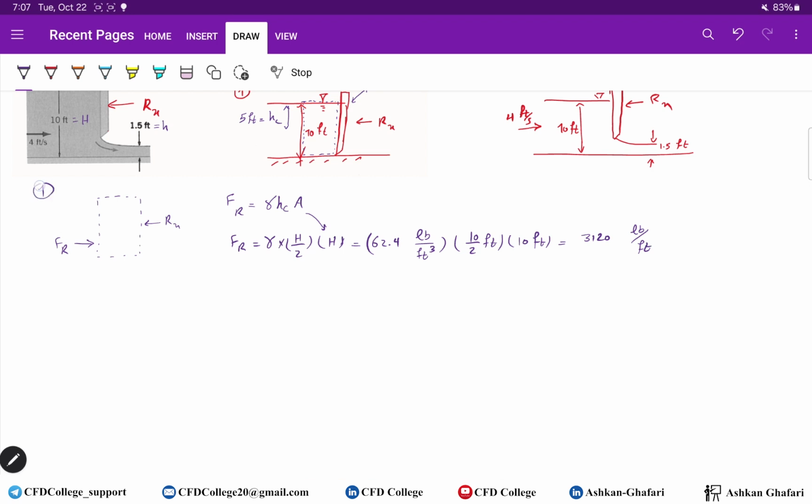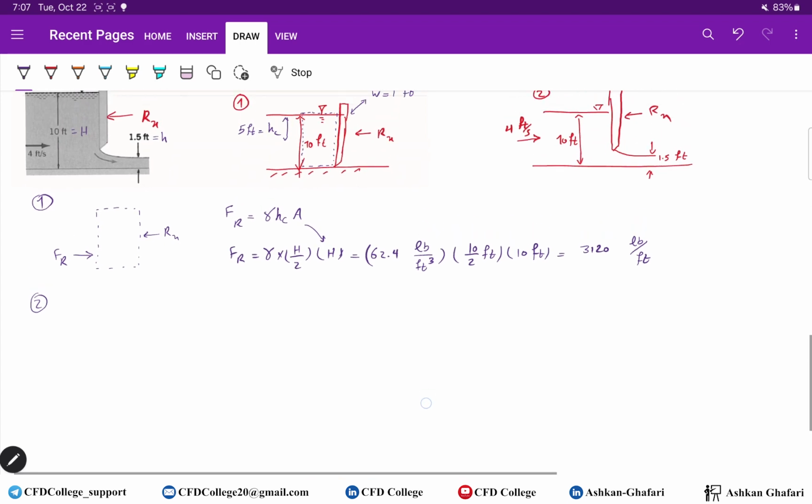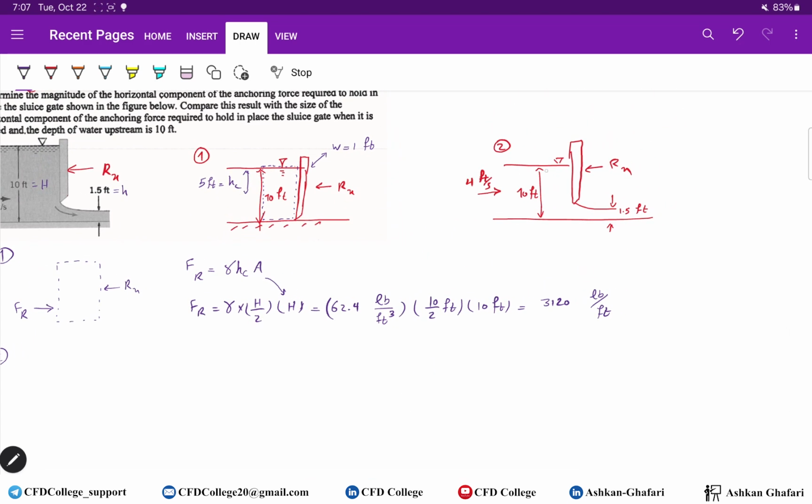This is situation 1. Situation 2, where we have this flow. So first we should define the control volume, follow the free surface perpendicular to inflow, follow the wall, the free surface, and here perpendicular to the outflow that we have.